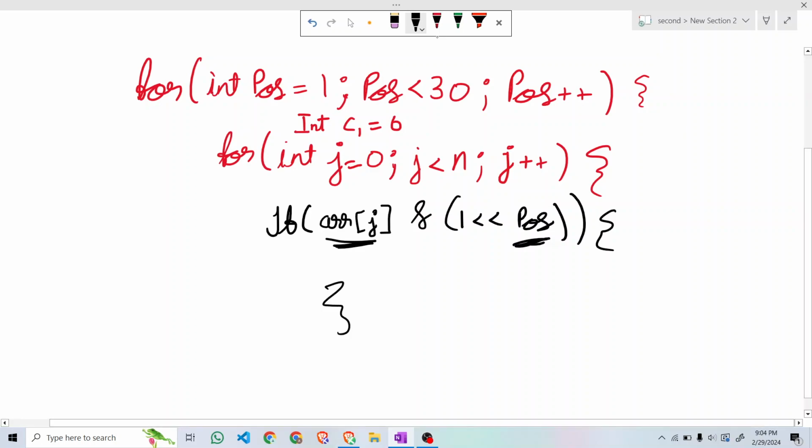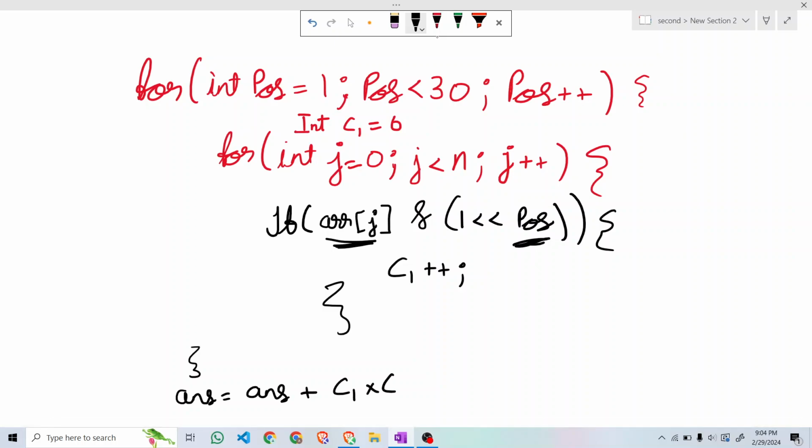So if this is equal to 1, it will go into this if statement, and then we can do c1 plus plus. And so the answer would be answer plus c1 times n minus c1, which is the count of zeros in that position.